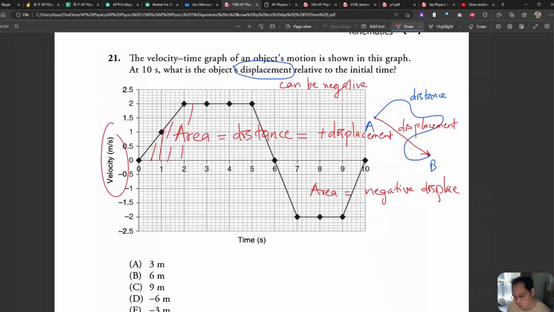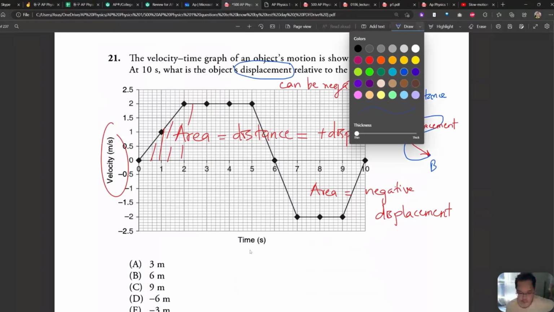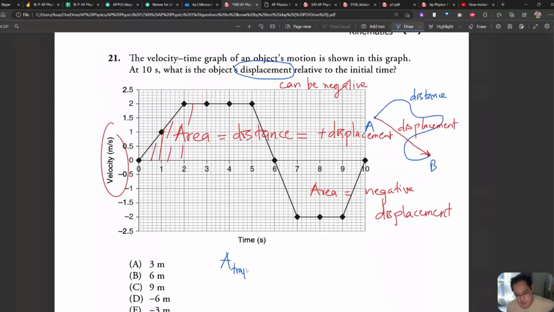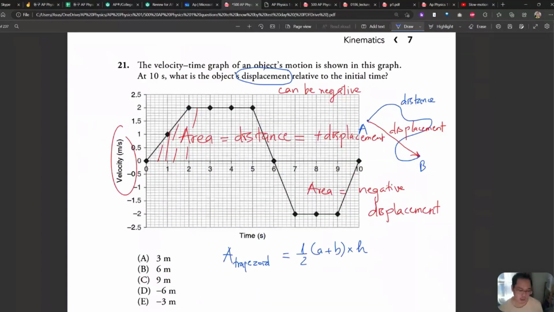Remember the trapezoid area equation? The area of a trapezoid is 1/2 of the big base A plus the small base B, multiplied by the height. Please calculate that and tell me the answer.